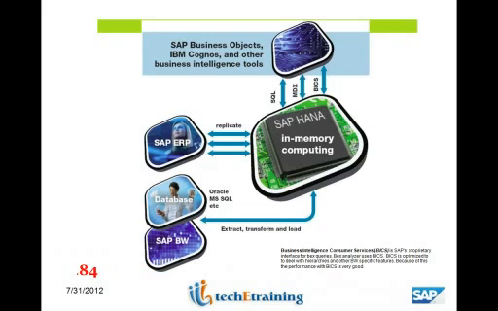These engines are going to drive the entire computing of the data which is available in HANA, in terms of computational formulas, consolidation, summarization, aggregation. Many other features will be driven by the IMC, the in-memory computing engine.